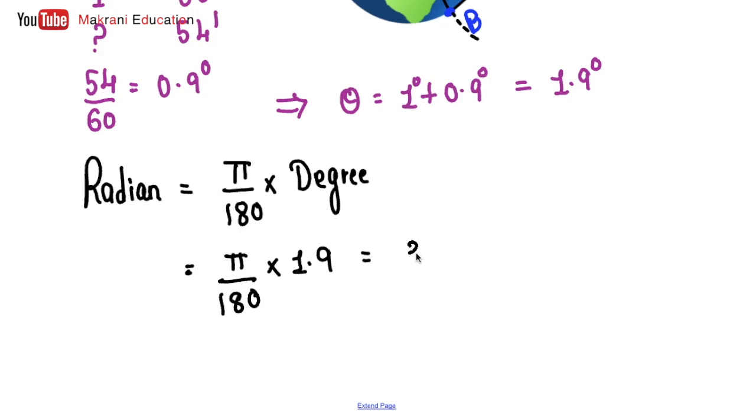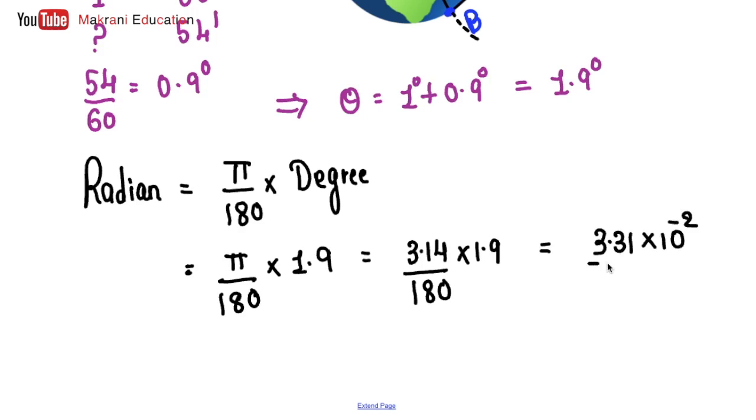That gives 3.14 over 180 into 1.9, which is equal to 3.31 into 10 to the power minus 2. So this is my required theta.